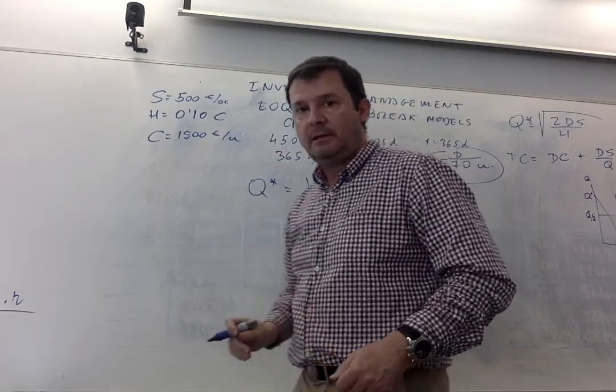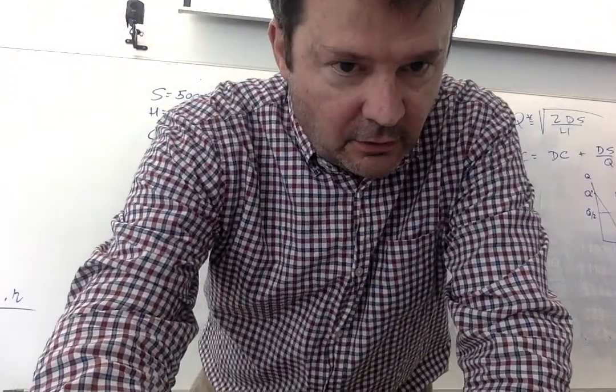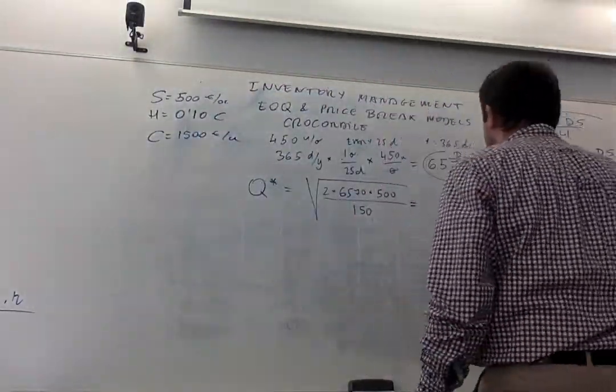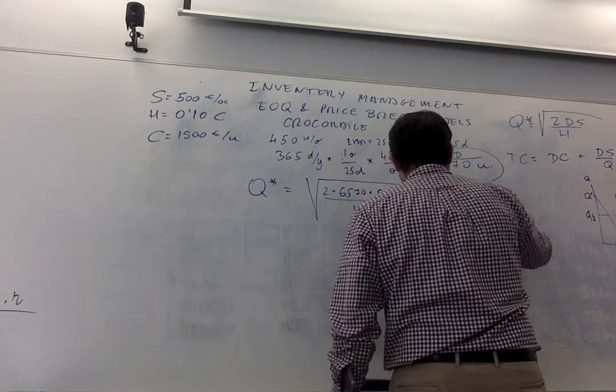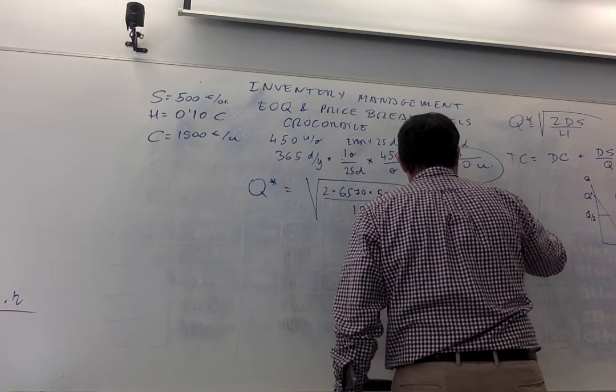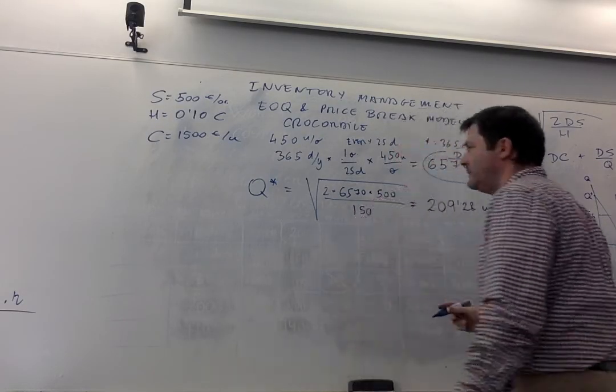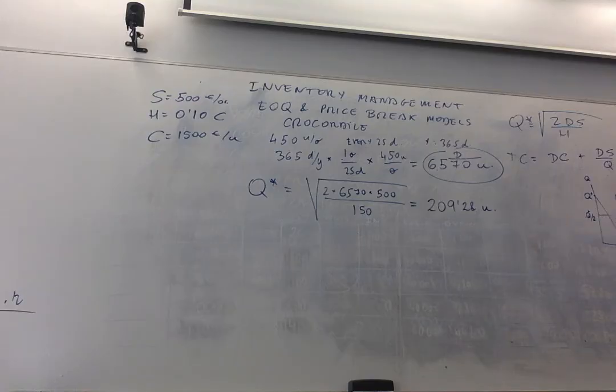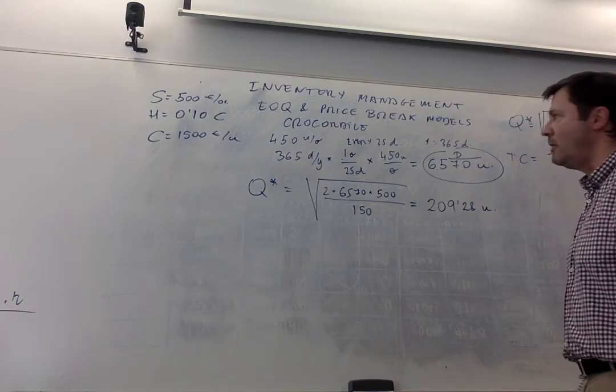This will give us a result of 209.28 units per order. This is the optimal order size according to the EOQ model.